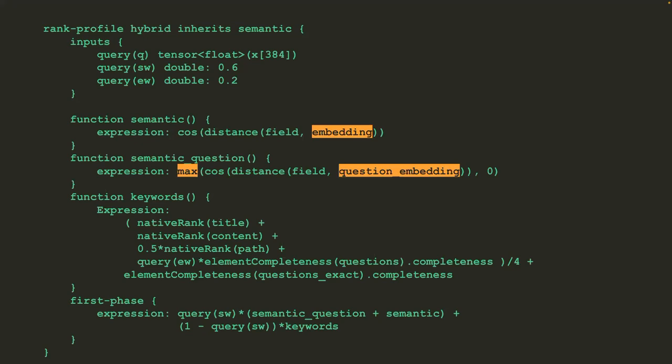So we do a combination of semantic question and semantic, meaning two different vector distance calculations. So you're able to express this in the rank functions. So it can be quite complex. And this is the text matching part as well. So I included this just to show you that again, it's just math, and you can do this arbitrarily difficult if you want to, including model inference.